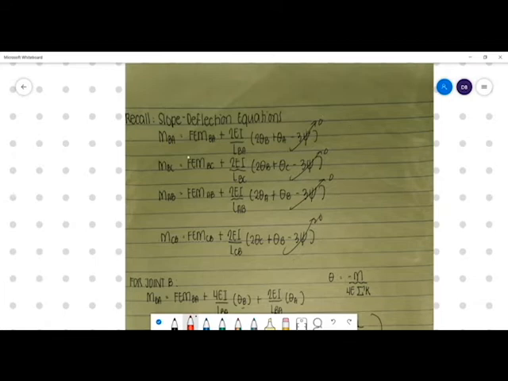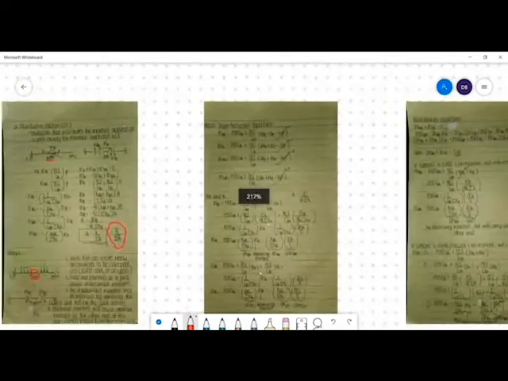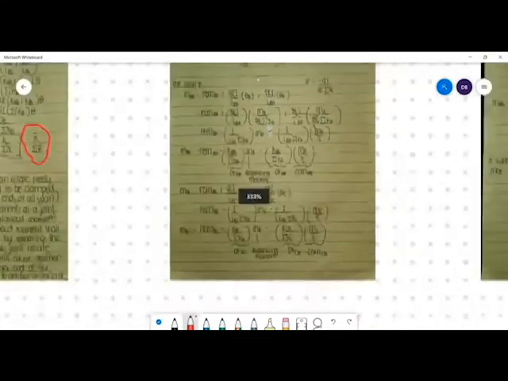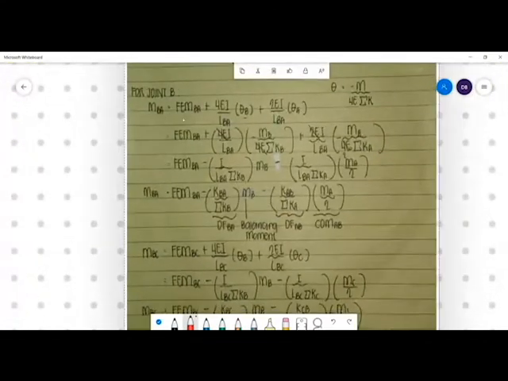And then let's consider joint B first. So for joint B, ito yung mangyayari. So FEMBA plus 4EI over LBA times theta B plus 2EI over LBA times theta A. So FEMBA plus 4EI over LBA.